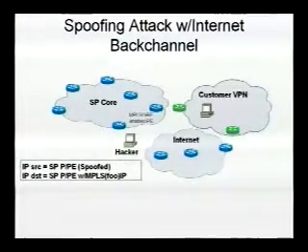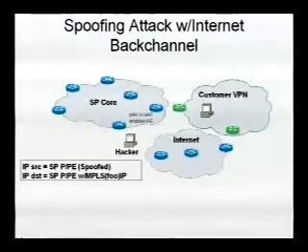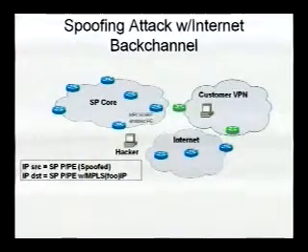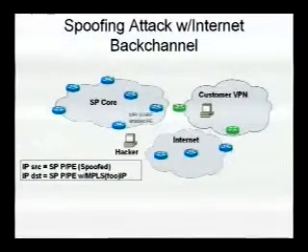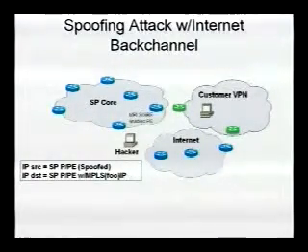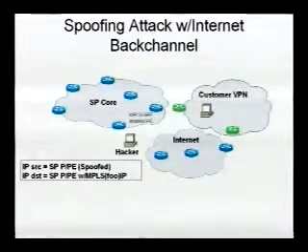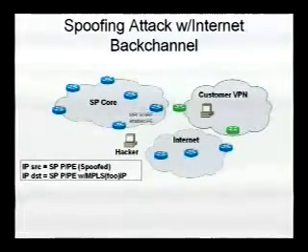So I'm going to build a packet here, that the hacker has hacked into his system to build. In this particular packet, I have a source address of a PE. I spoof the source address of a service provider core PE. The destination address is a PE or a P router with MPLS over foo over IP.